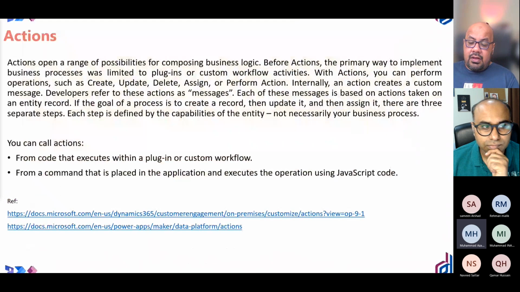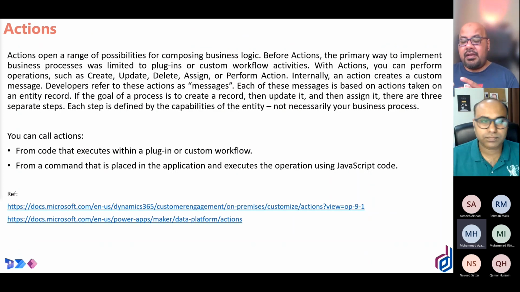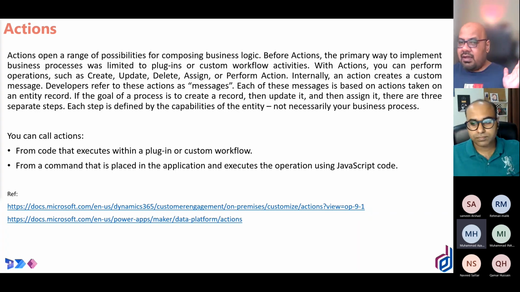Now we have another one, which is specifically for the action. Why is an action needed? Because there is certain logic that you have to apply. On the system level you have a certain set of messages: update, create, associate, delete, a whole list of messages is available.